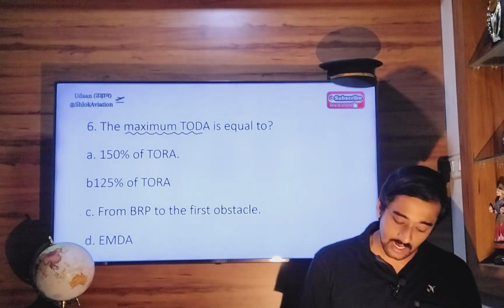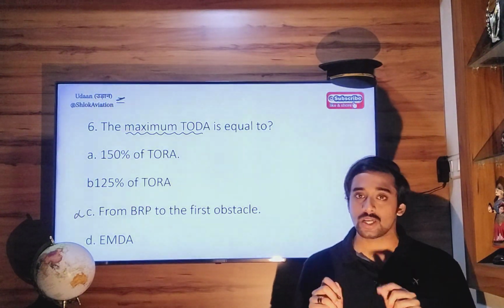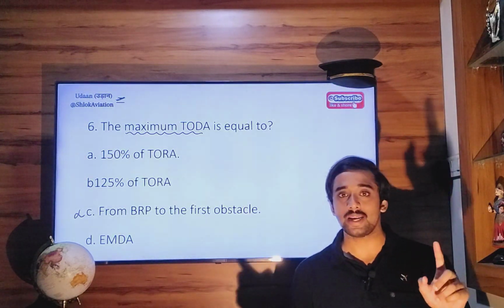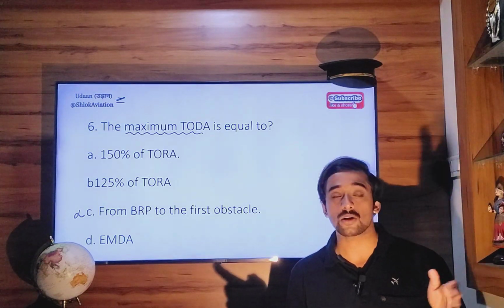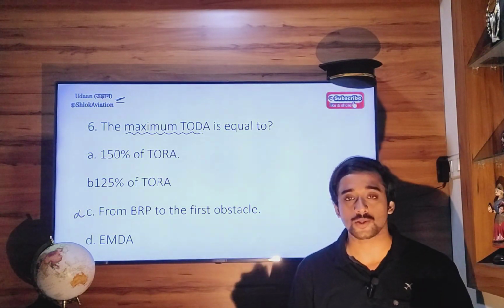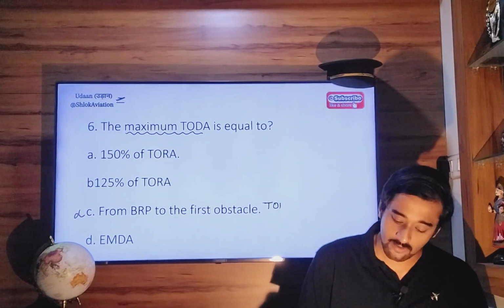Option Charlie is the right one. Statement is right, but this is not the answer to the question asked. The meaning of this statement is brake release point. From the point aircraft releases its brakes to start its takeoff run up to the point it reaches its first obstacle in the clearway. So this will be called takeoff distance available.